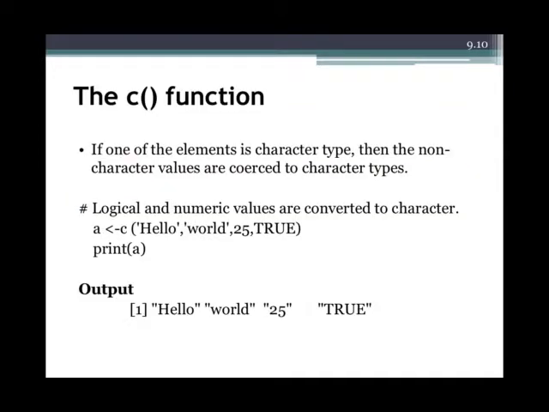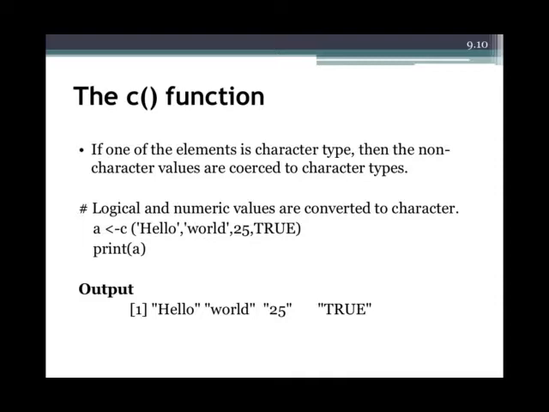We have seen the c function a number of times and you need to understand what it means. If one of the elements is character type, then the non-character values, integer or logical, are also forced to character type. Logical and numerical values are also converted.